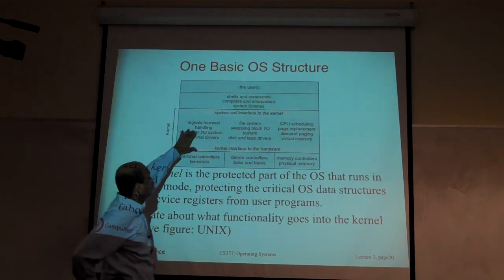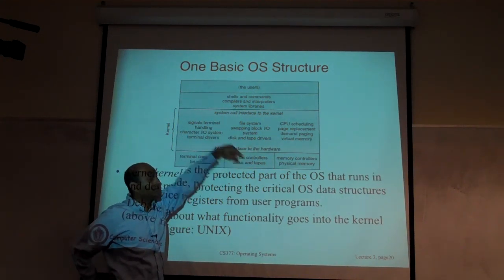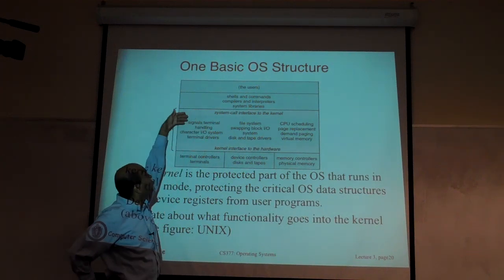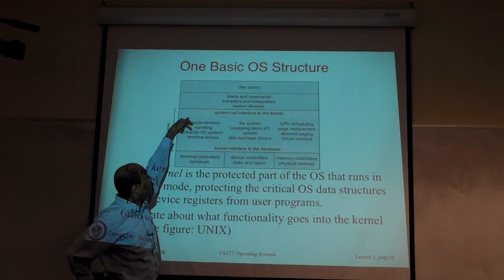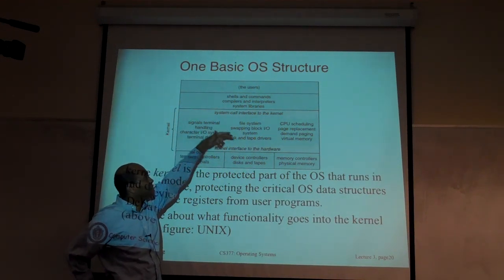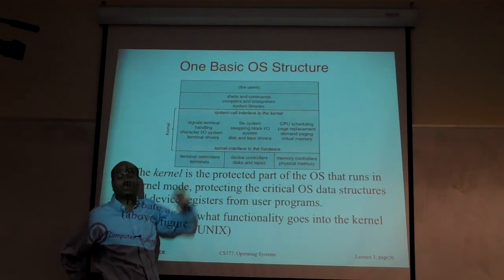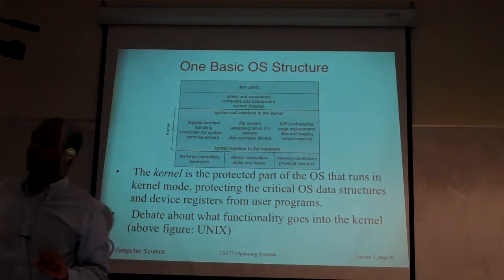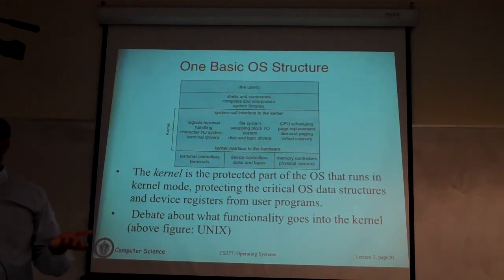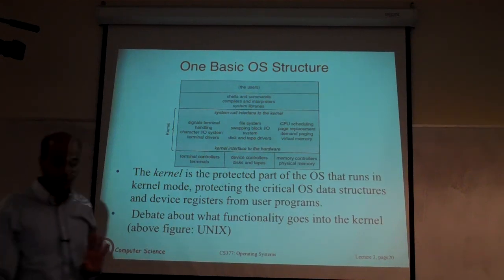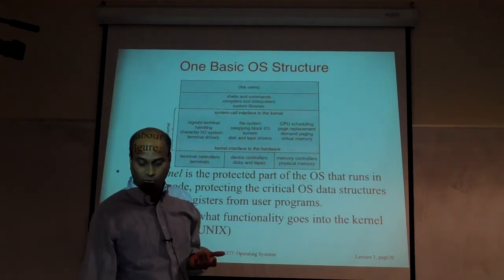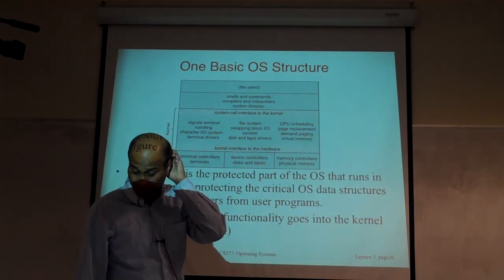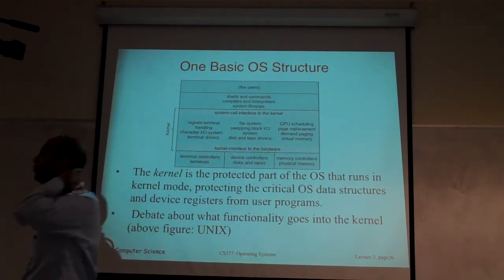These are all the things that this kernel is trying to do: I/O management, terminal drivers, file system, memory management, process management. So a lot of functions. If you're writing an OS kernel, how am I going to organize this program? Essentially, it's a system program, but at the end of the day, it is a program that you're writing. So the old way to do this was what was called a monolithic kernel.